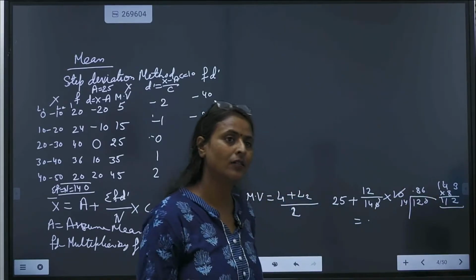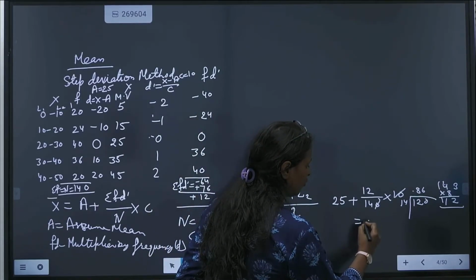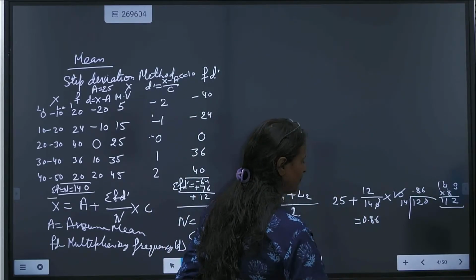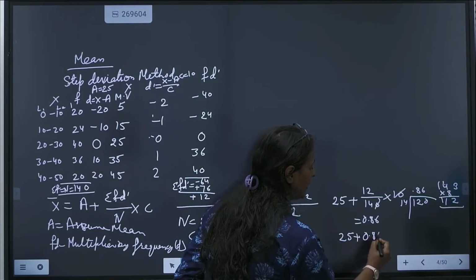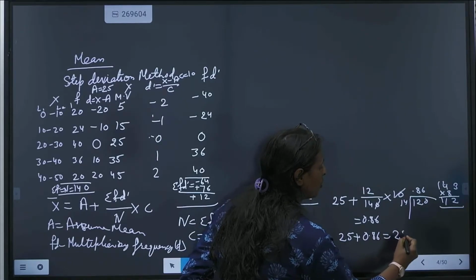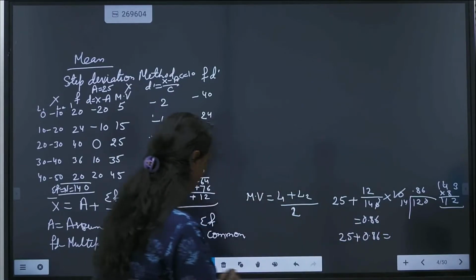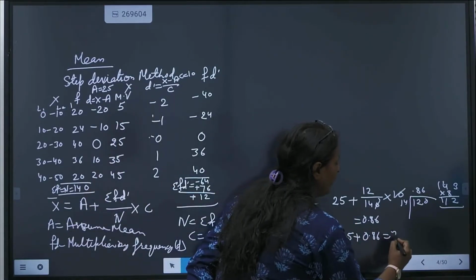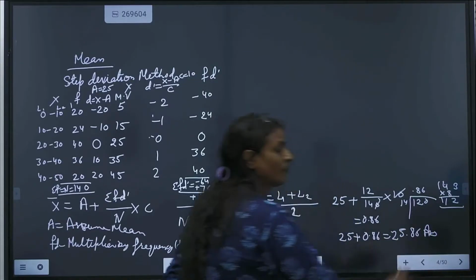So it's 6.86. 0.86. So 25 plus 0.86 equals to 25 point. It's 25.86. Okay.